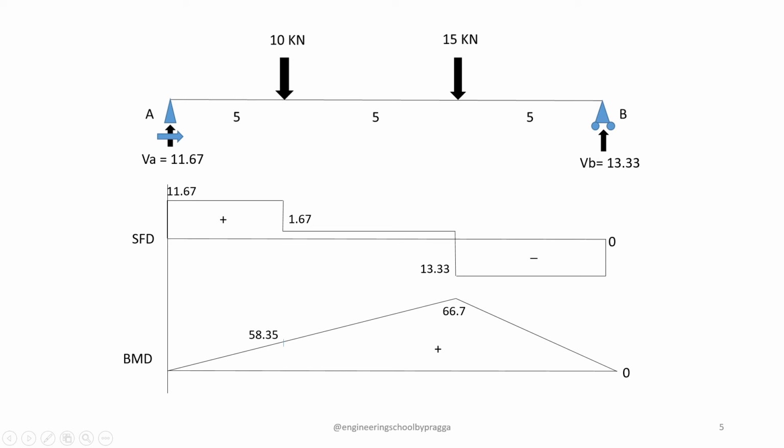After that, adding 1.67 into 5 to 58.35 equals 66.7. That is also marked in the picture, and it is also upward, as the positive area in the SFD gives a positive area in the BMD. Then from 13.33 into 5 meter distance, it goes from 66.7 downward and tends to 0.